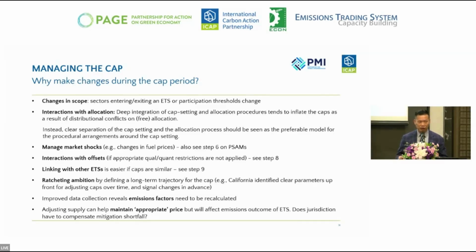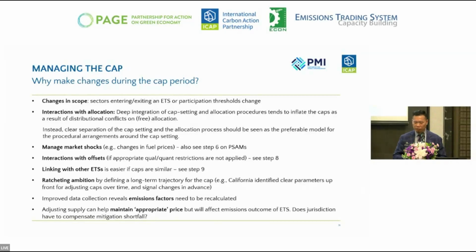Right now, the UK and EU are negotiating to link the UK ETS and EU ETS together. And resetting the ambitions by defining a long-term trajectory of the cap, to see if we have a new trajectory that we can also reflect in the cap setting.